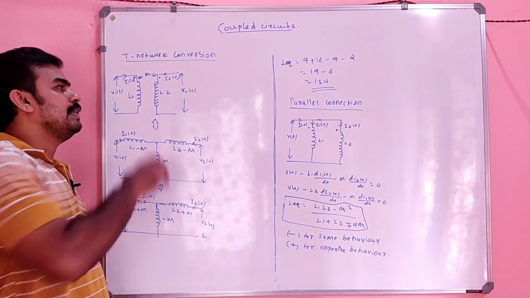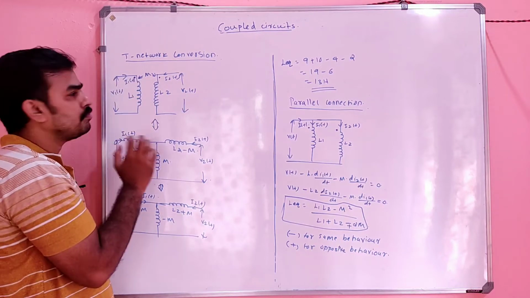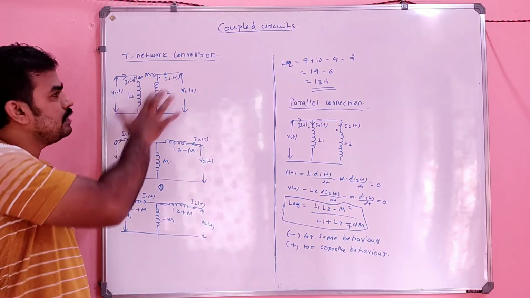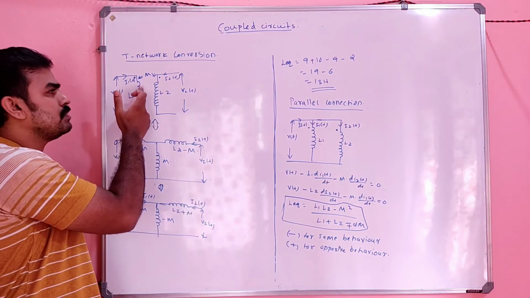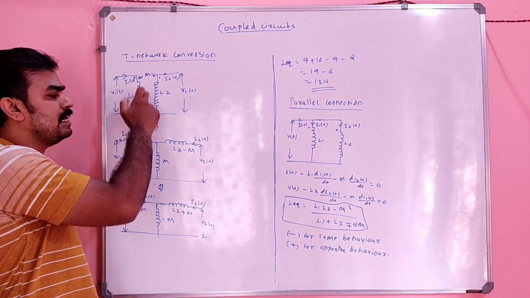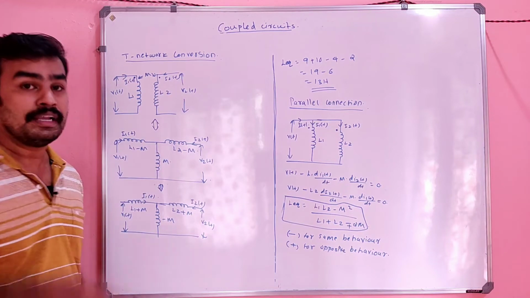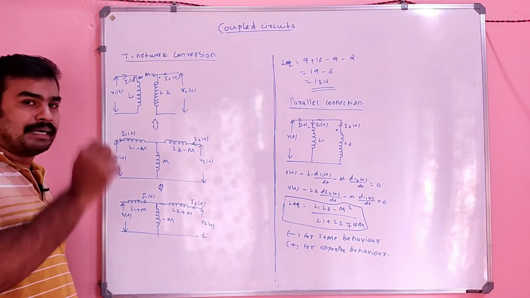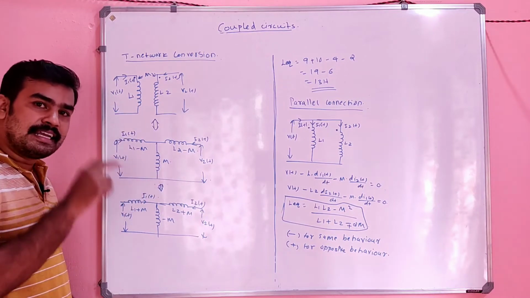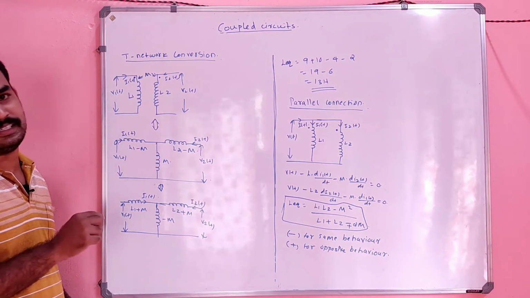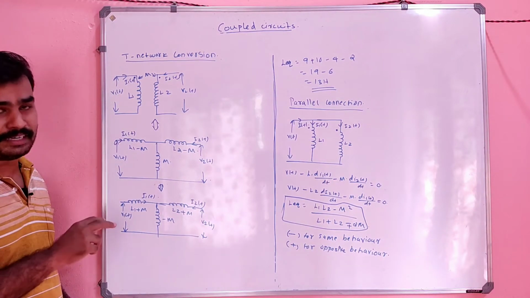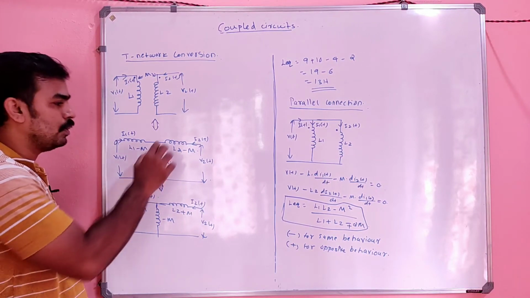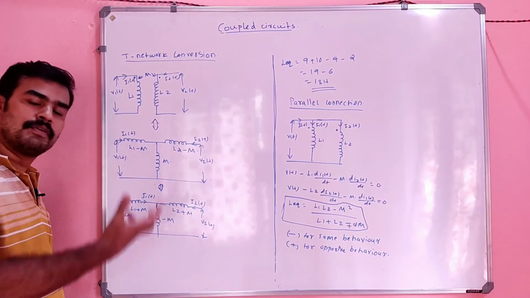In a similar manner, if two circuits are magnetically coupled but electrically isolated, it is very difficult and complicated to find something in the circuit. But if the two circuits are electrically as well as magnetically coupled, it will be somewhat easier to solve the circuit or find some parameter.